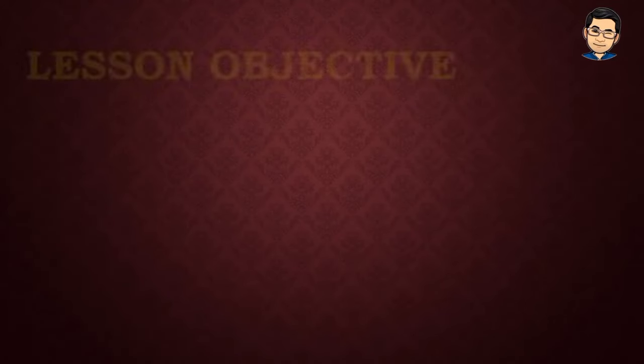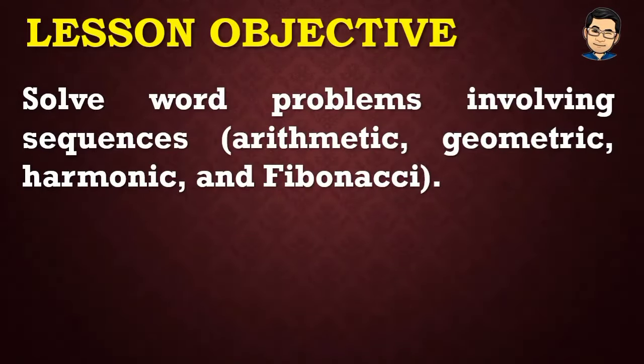So for our lesson objective, we will be solving word problems involving sequences, so particularly arithmetic sequence, geometric sequence, harmonic sequence, and Fibonacci sequence. So yung harmonic sequence, tsaka Fibonacci sequence, so explain ko po yan mamaya.